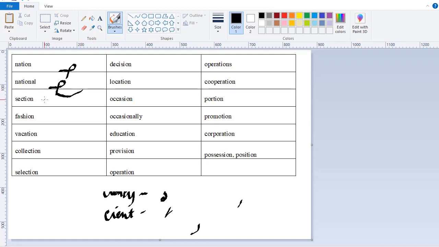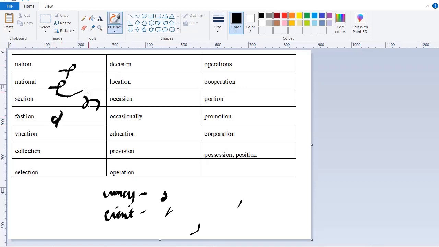Next, section. We have S-E-K for sec, and then we have Shon. Let me repeat it on the other side. We have S-E-K, and then S-H. Next, fashion. We have fa, then we have Shon. Fashion.